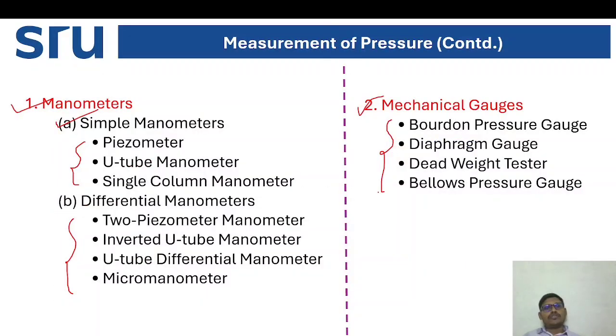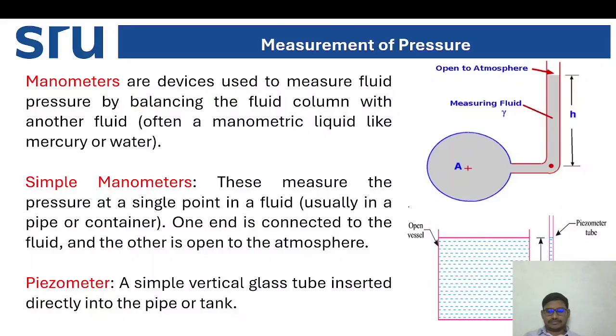There are four: Bourdon pressure gauge, diaphragm gauge, deadweight tester, and bellows pressure gauge. Now we will see manometers. Manometers are devices used to measure fluid pressure by balancing the fluid column with another fluid, often a manometric liquid like mercury or water.